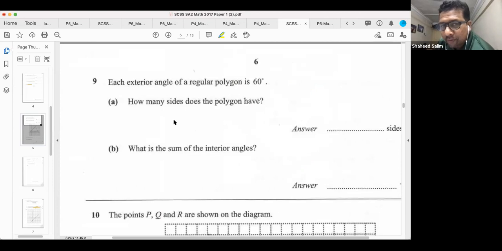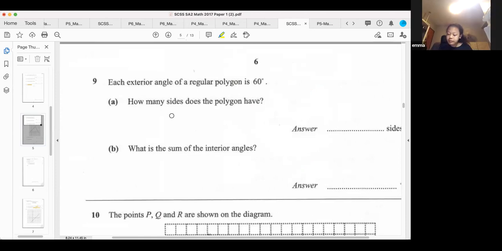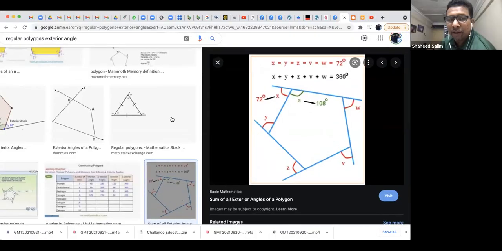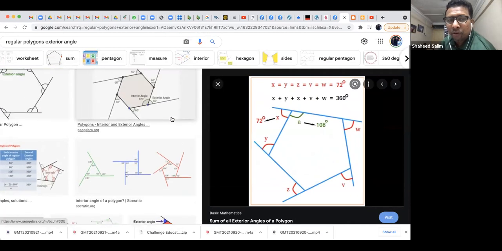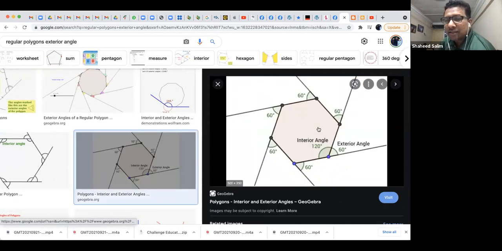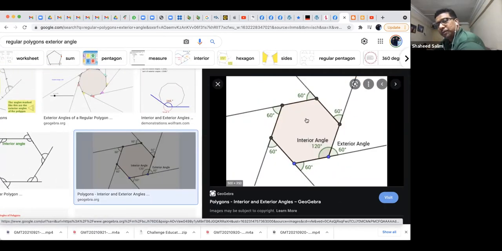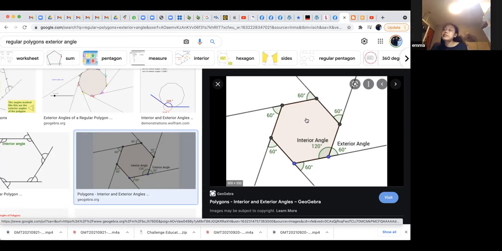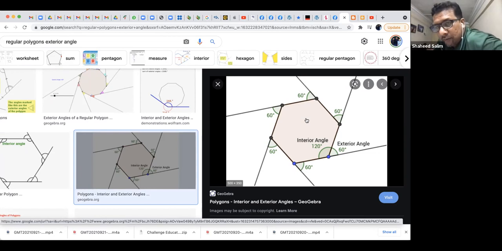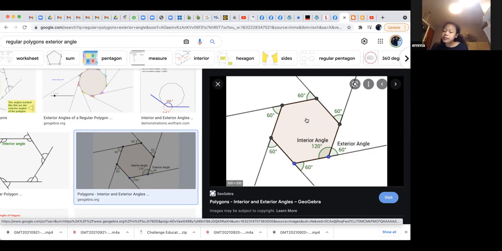Now, next one. What is the sum of the interior angle of this polygon, the one that we just, okay, down here, you have down here, the polygon where is it? Down here. What is the sum of the interior angle? 1,800. How you get that? Let me see that.